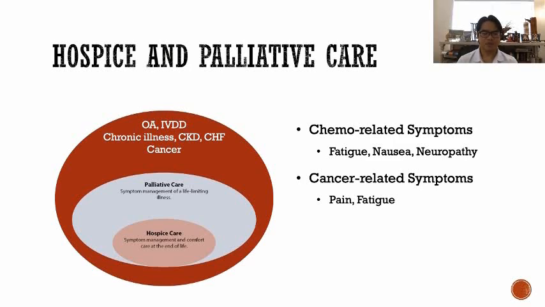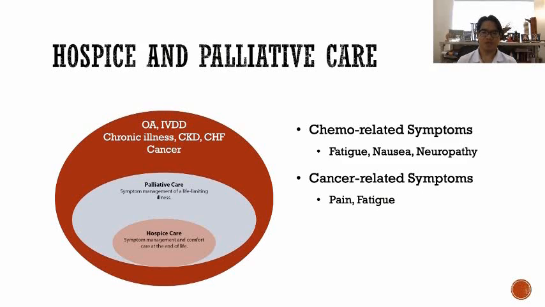Palliative care and hospice care fall under a big umbrella of chronic illnesses. For example, arthritis, IVDD, and other chronic illnesses such as chronic kidney disease, congestive heart failure, or even cancer. I treat quite a bit of cancer patients, and they may have chemo-related symptoms such as fatigue, nausea, and neuropathy, and also cancer-related symptoms such as pain and fatigue.